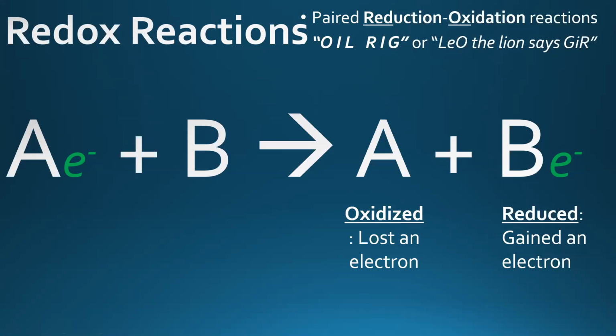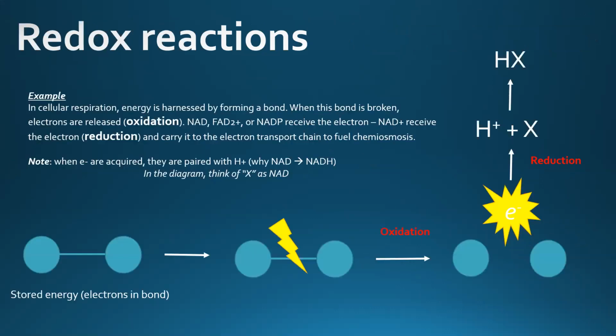Oxidation has nothing to do with oxygen. Reduction has nothing to do with the size. It simply has to do with the addition or the loss of electrons to a molecule. That's what it is. So, for example, in redox reactions, we have the process of cellular respiration.